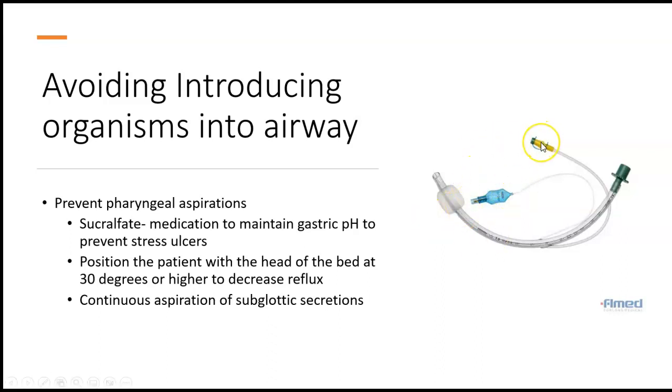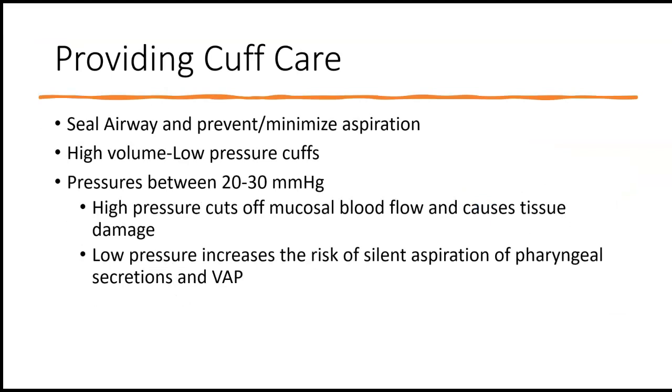A lot of times, people will have these tubes on low level intermittent suction, like 20 or 30, and it constantly suctions out whatever's pooling at the top of that cuff.